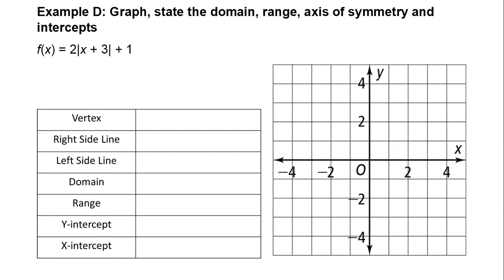It would be negative 2. It will be up 2, 1 to the left. The other one is up 2, 1 to the right.